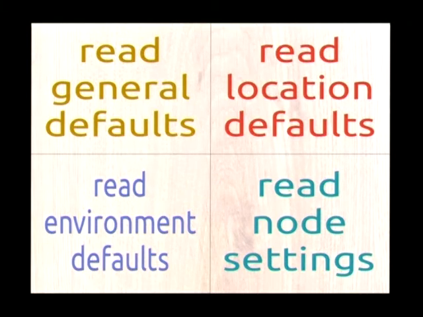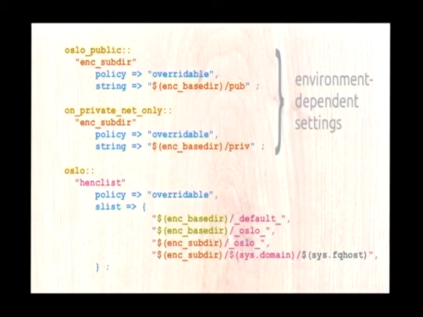How do we build it? Well, we have classes for each location that tell us where we are. For example, Oslo. And we have other classes that tell us environmental information. Based on that, we build some variables, and finally we build a list with general default first and then location, environment, node.